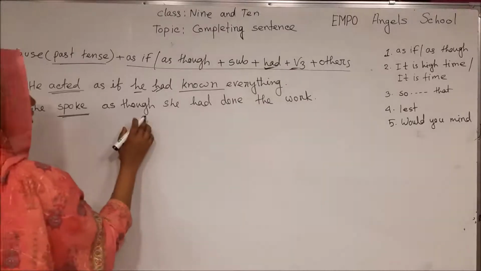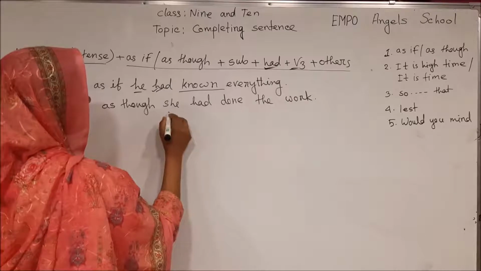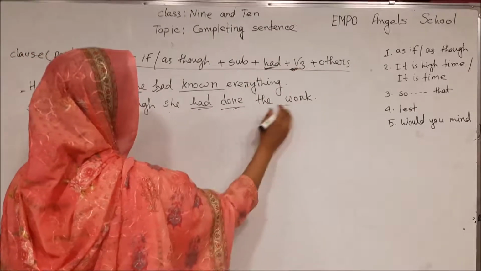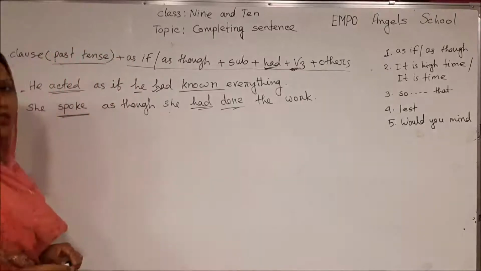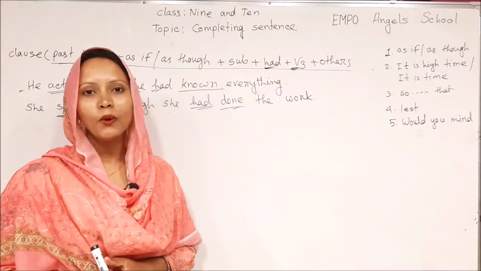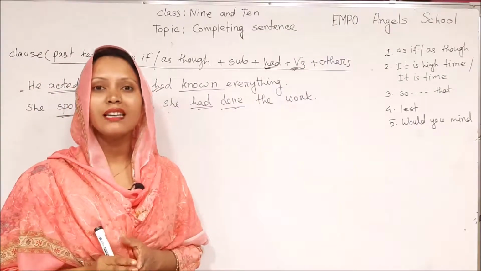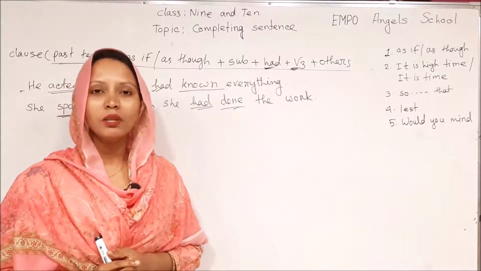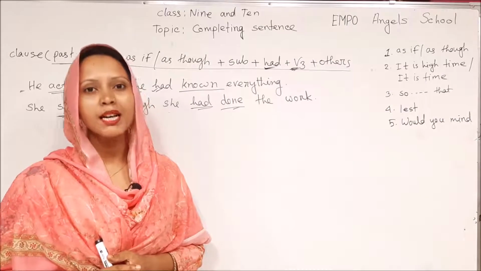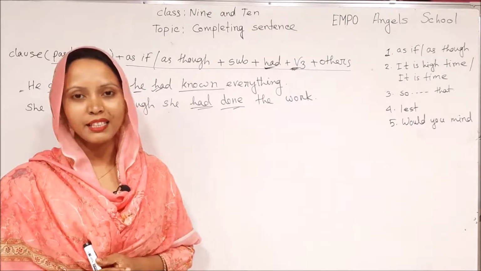So after as though, I have taken subject she, had done, verb 3 and the work. So dear students, if you have a clause with as if or as though, if the clause is in past form, then you have to complete the sentence taking subject plus had plus verb 3 and then others.